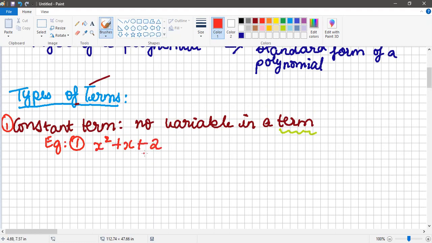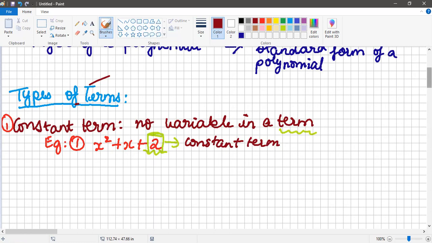What is the constant term here? This is nothing but 2. You know what a term is? A term is basically separated or identified by plus or minus sign. So how many terms are there in this expression? 3 terms, and this term, 2, is nothing but a constant term, because it doesn't have any variables in it. That's why we have such a name for it.